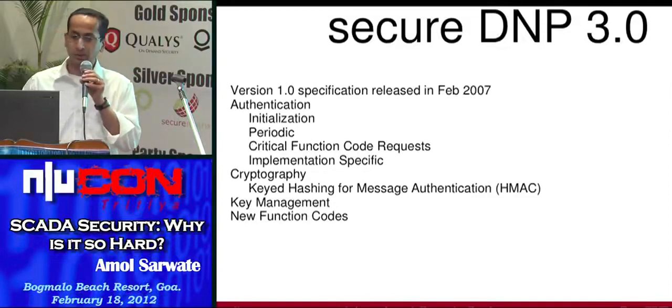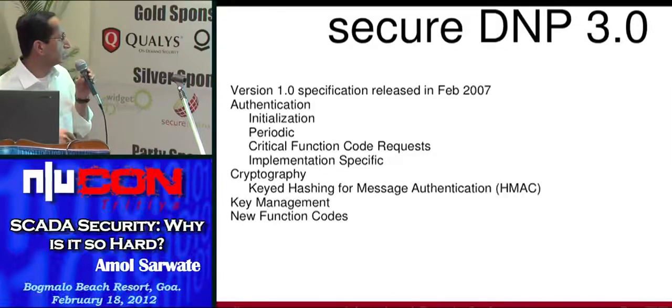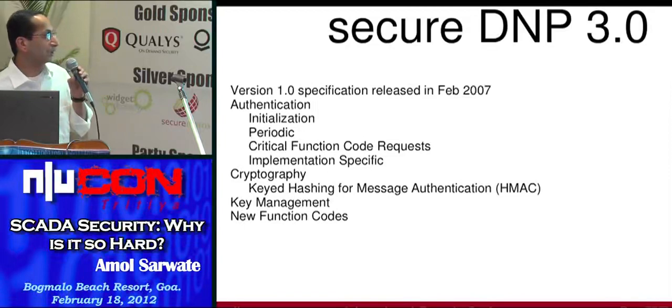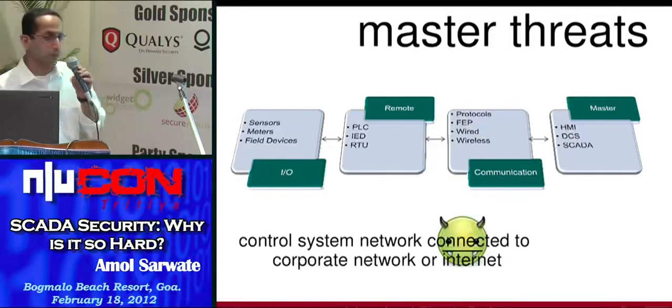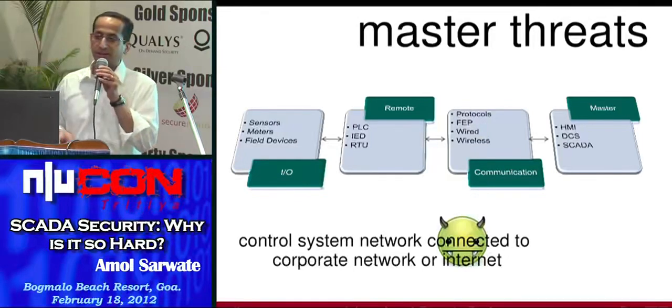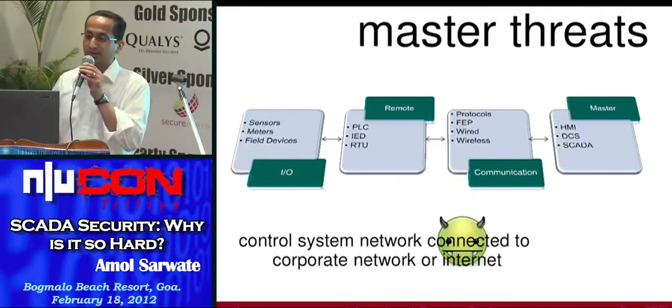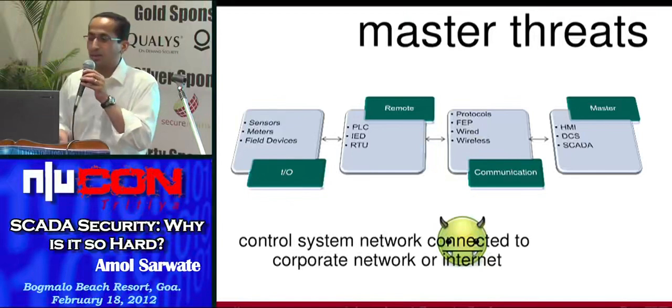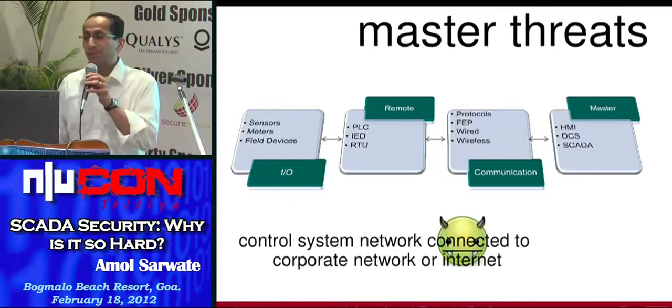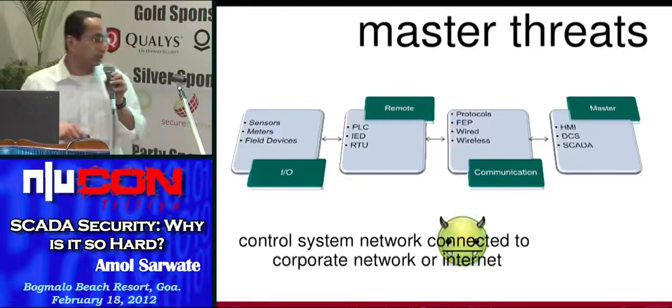So we saw some physical threats here, we saw some protocol threats here. There are a lot of threats which directly affect the SCADA master. And the number one threat is that the control system network is connected to the corporate network or sometimes even to the internet.